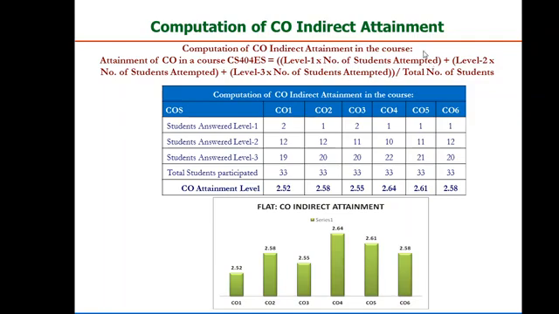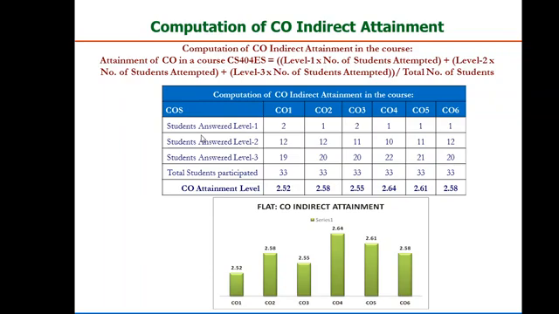By using those levels, the formula is level 1 into number of students attempted plus level 2 into number of students attempted plus level 3 into number of students attempted, whole divided by total number of students participated in that feedback.